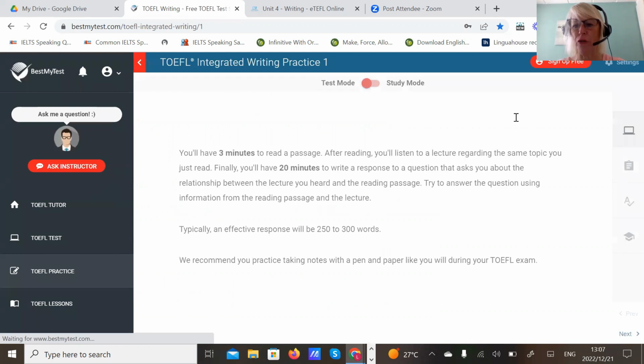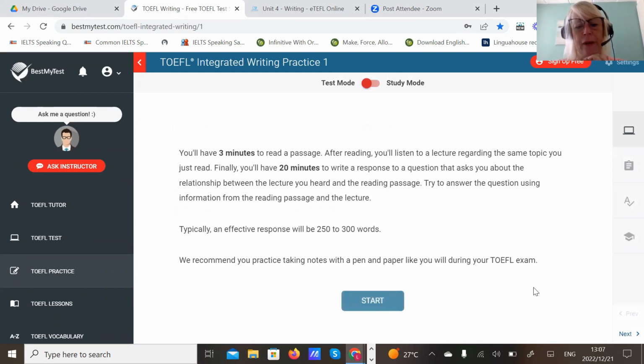Okay, so first of all, I'm going to show you the integrated task. So 3 minutes to read a passage.